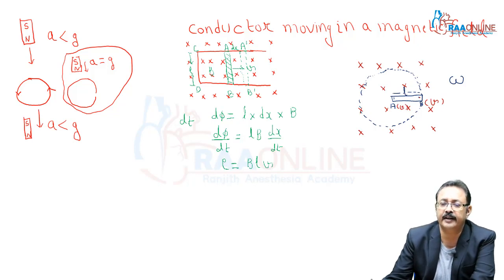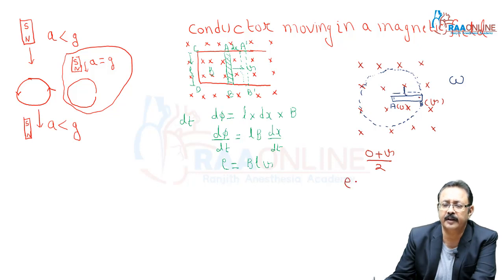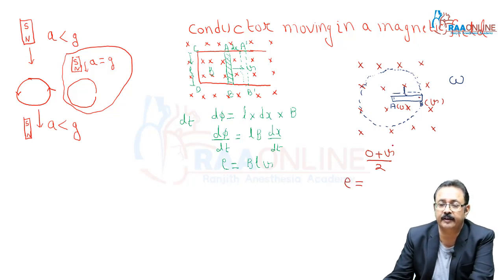So we can take the average velocity, 0 plus v by 2, which means the induced EMF generated will be B L v by 2.